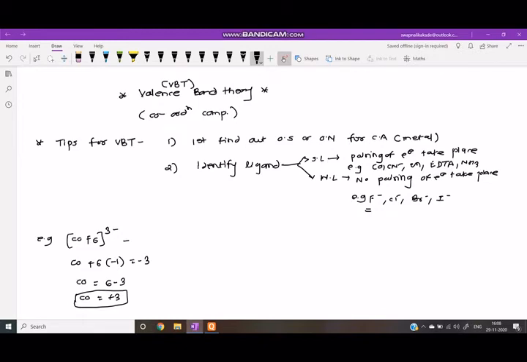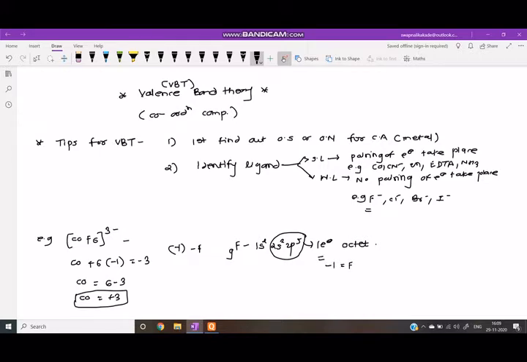Why do I take -1 oxidation state for fluorine? Because the atomic number of fluorine is 9, and the electronic configuration is 1s2, 2s2, 2p5. Here there are 7 electrons, so 1 electron is less for completion of the octet. Therefore -1 is the oxidation state of fluorine.